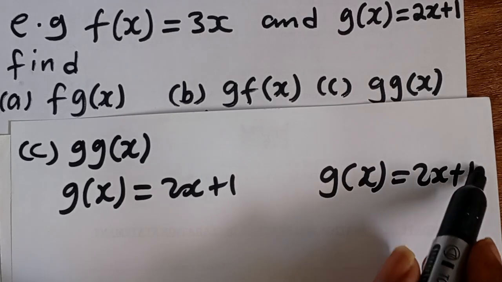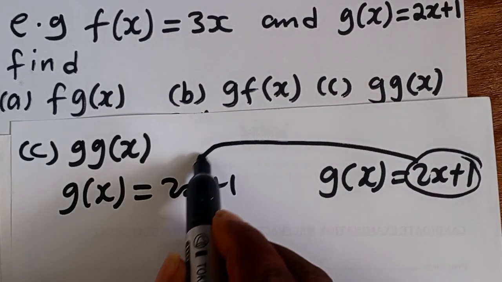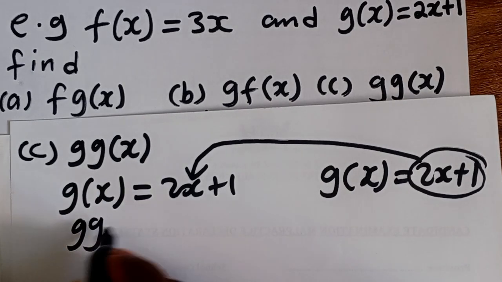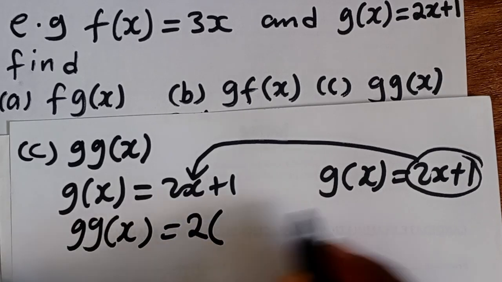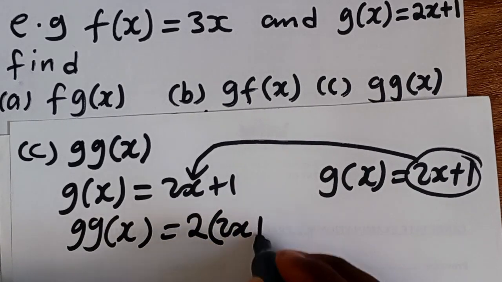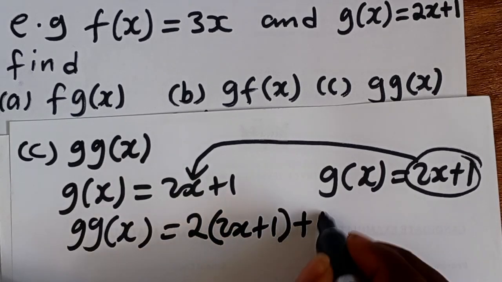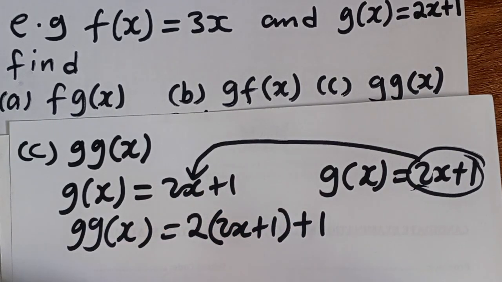So this g of x will go where there is x in g. So we have gg of x equals 2 times (2x plus 1) plus 1. Where there is x here, we have substituted 2x plus 1.